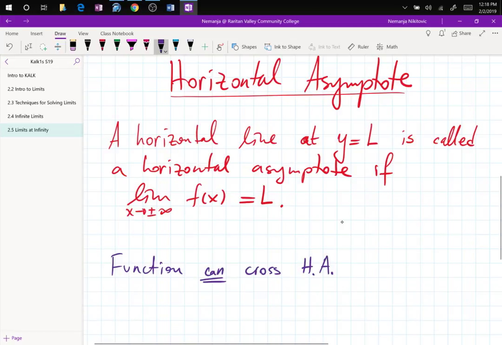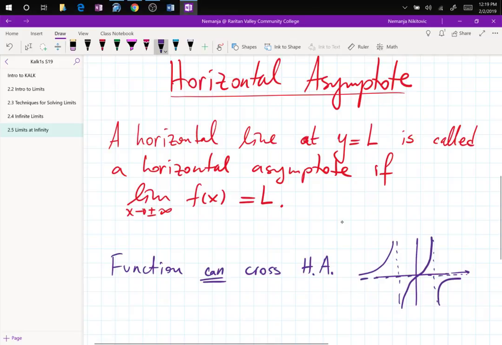And I'll give you the example right here where you have two vertical asymptotes and a horizontal asymptote. So you have this, this, and this. You see that the horizontal asymptote is obeyed at negative infinity and positive infinity.